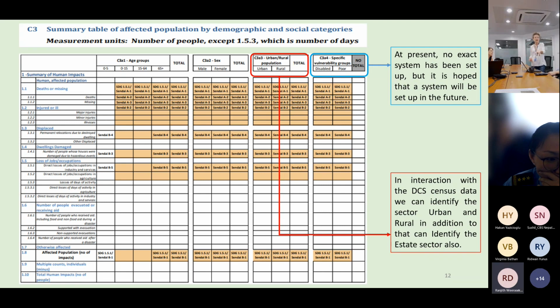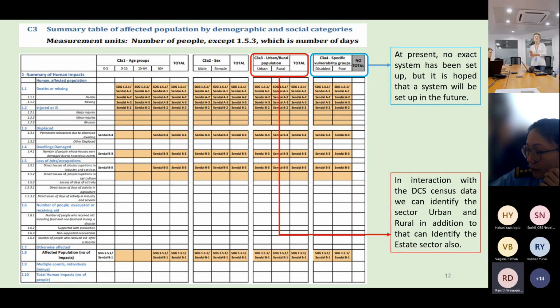In addition to that, the Census Department collects the estate sector as well. Furthermore, we can get it by urban, rural, and estate sector, so we can get that data easily by integrating the NDRSC data and the DCS data.